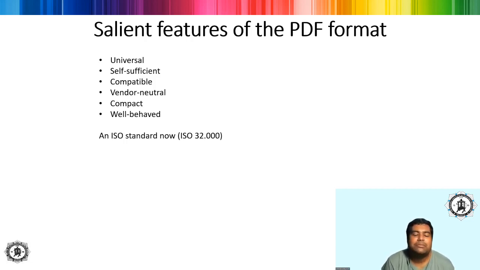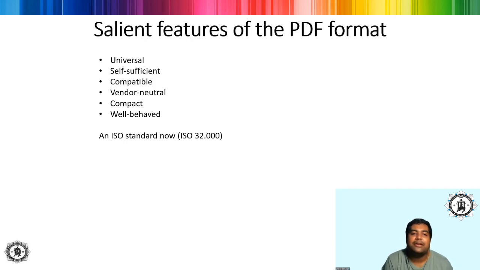Now, around 1999 or 2000, PDF was originally created by Adobe, but later, in the late 90s and early 2000s, they decided to share the intellectual property, that is, create an ISO standard based on it.